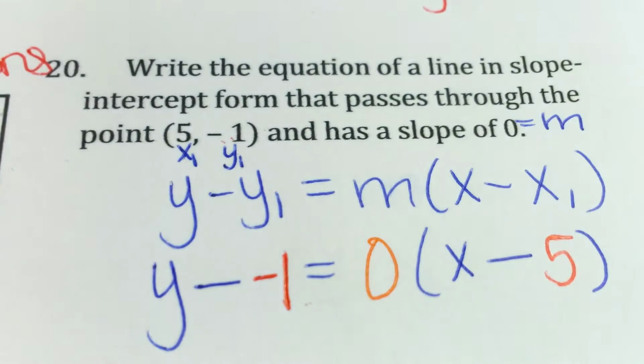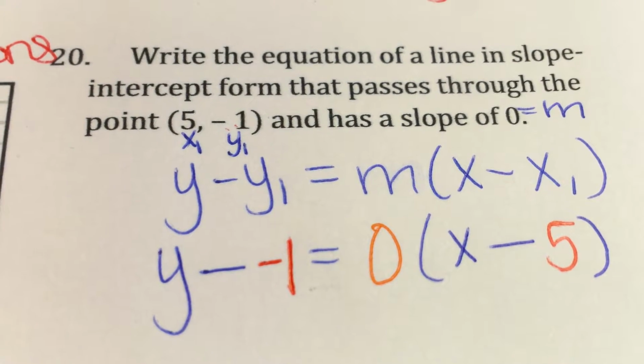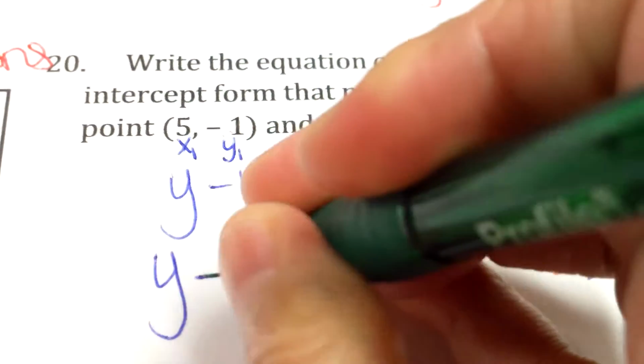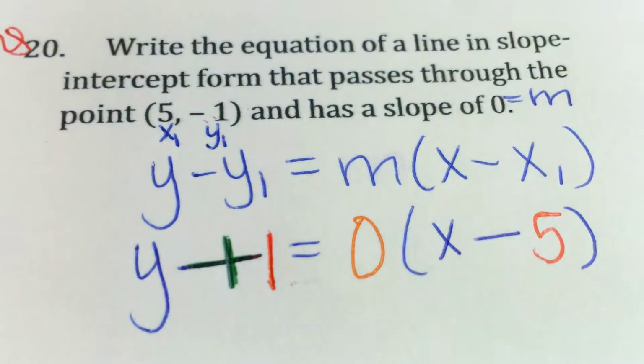Remember what I said. Now what happens here is that you have two negatives in a row. That becomes a big plus sign, positive. I convert them into a big positive.